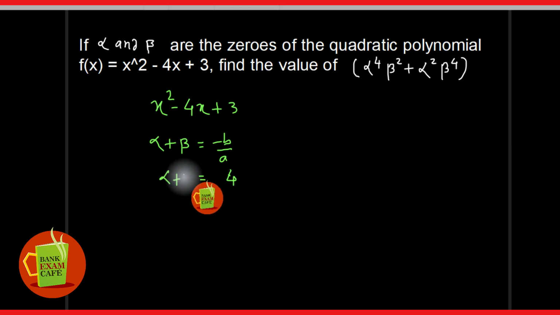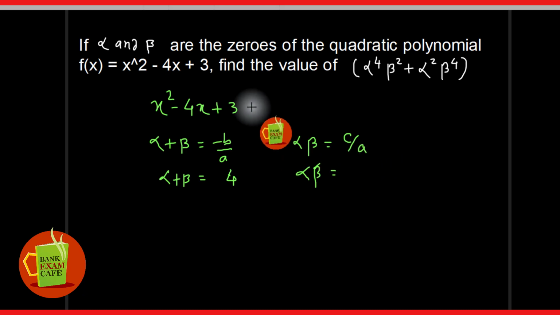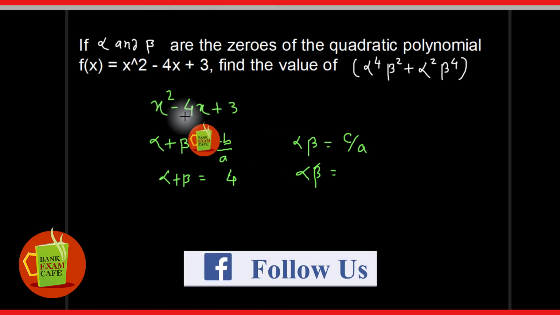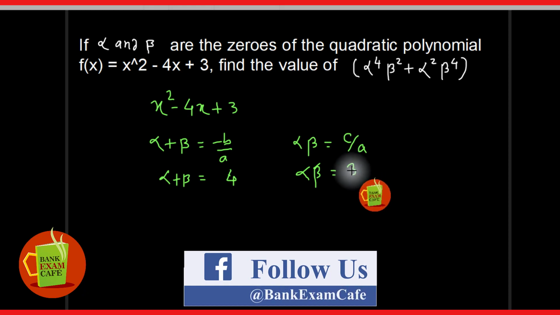So alpha plus beta is equal to 4. Now we will find alpha beta, the product of the roots, which is c/a. Here c is the constant term and a is the coefficient of x², so it is 3 upon 1, that is 3.